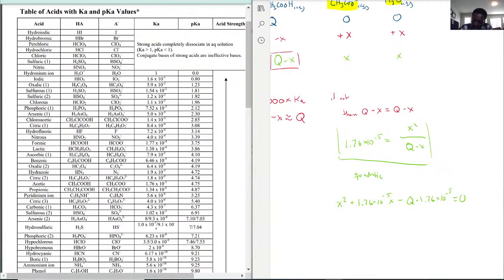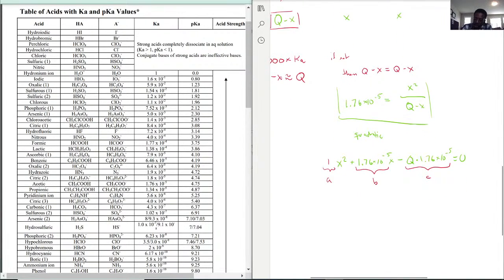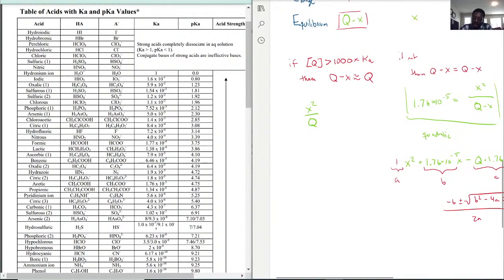So this right here is the b value you'd use in your quadratic equation. This 1 is your a value, and this right here is your c value. So you would have minus b plus or minus the square root of b squared minus 4ac over 2a. That's what you use to solve this. You'll get two values, one of them being negative. That negative value you can just ignore because you cannot produce a negative amount of a product, okay?